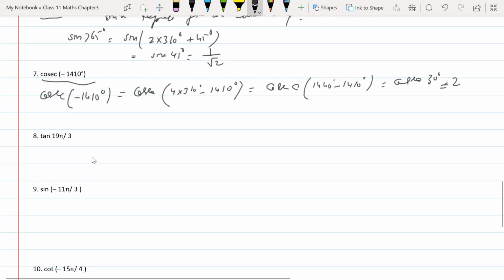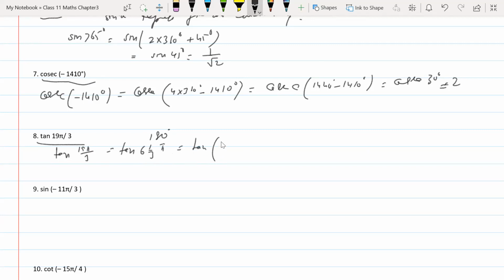Now the next question is tangent 19 pi by 3. Again we know that the value of tangent x repeats after pi, or after 180 degree. Tangent 19 pi by 3 can be written as tangent of 6 pi plus pi by 3.